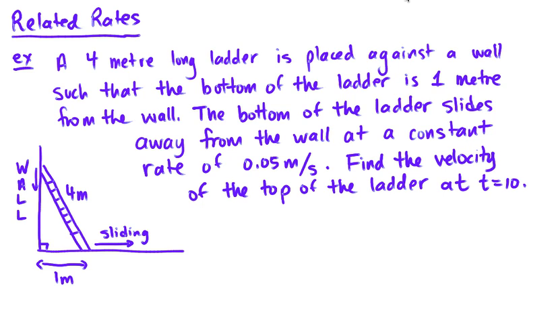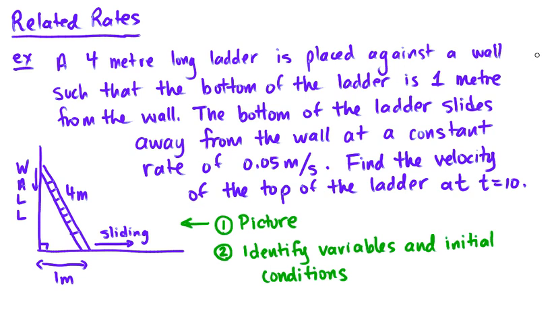So generally, here's what we want to do with these. The first thing is make a picture. The picture is going to help a lot in determining our next steps. Second thing, identify the variables that we have and the initial conditions.